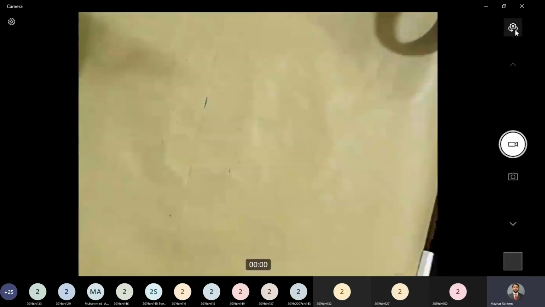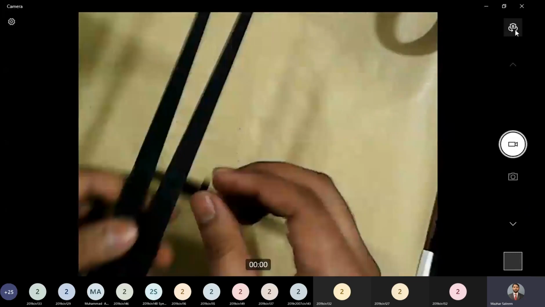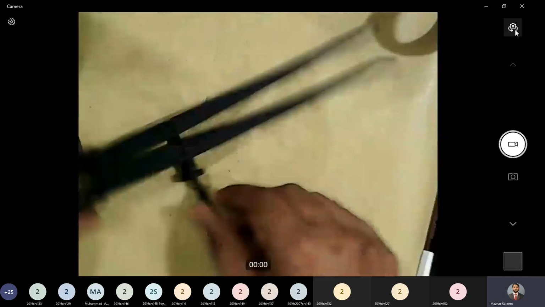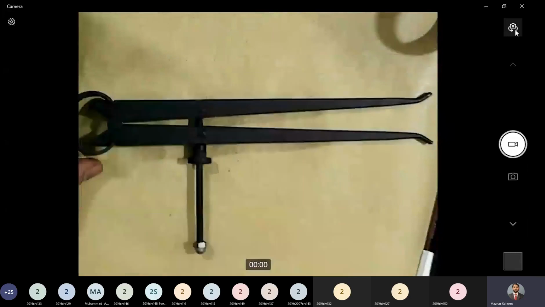Next we have another device that is known as inside calipers. This device is used to measure the internal diameter of any object.